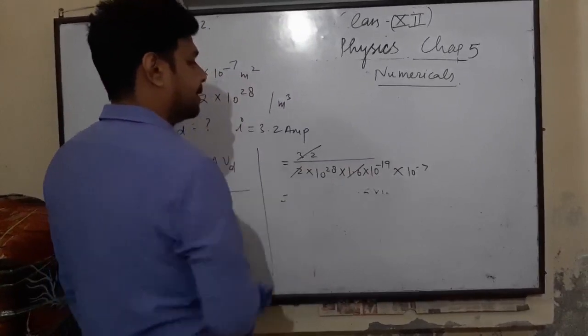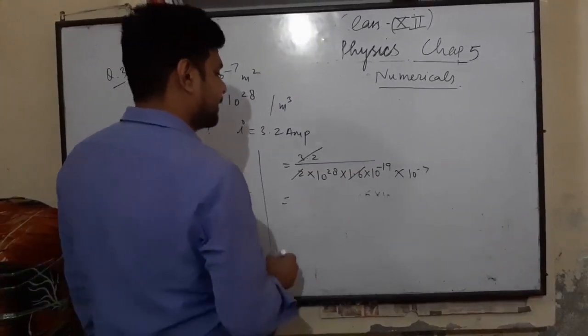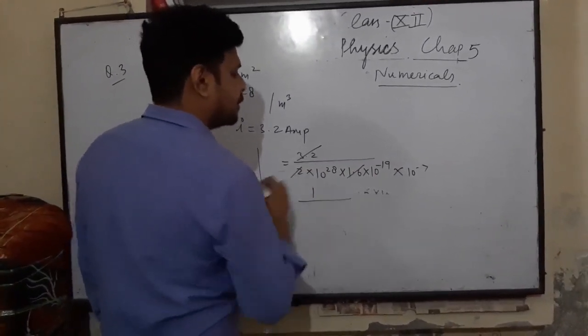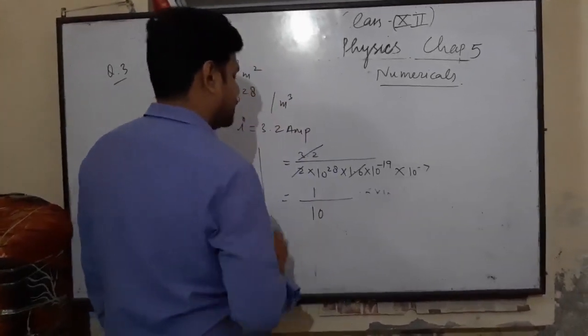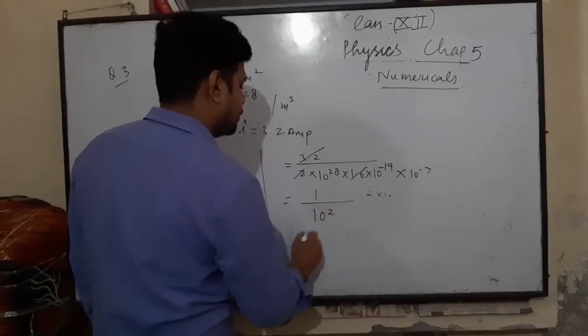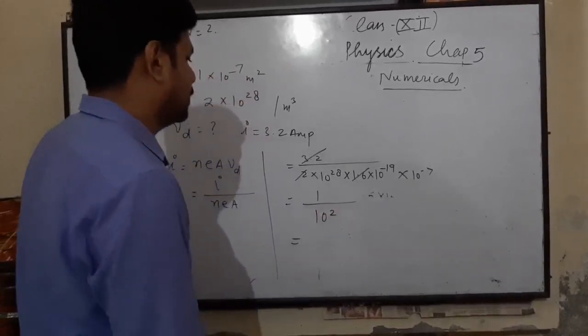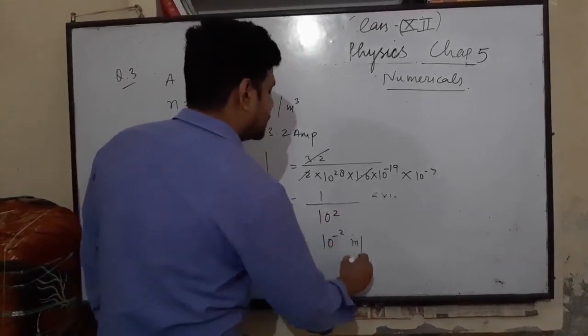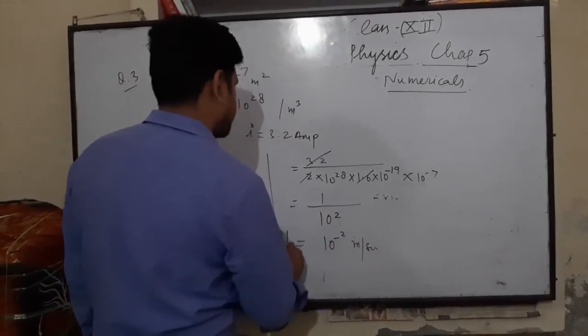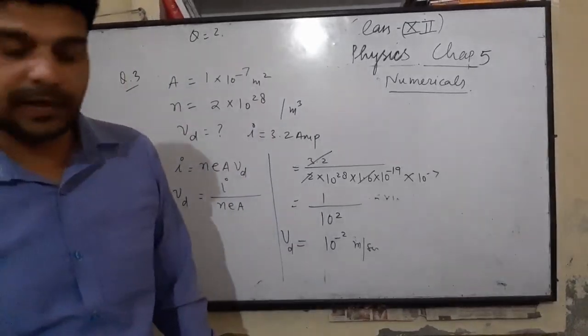So this is 1 upon 10 to the power 2, or 10 to the power minus 2 meter per second. This is the value of drift velocity.